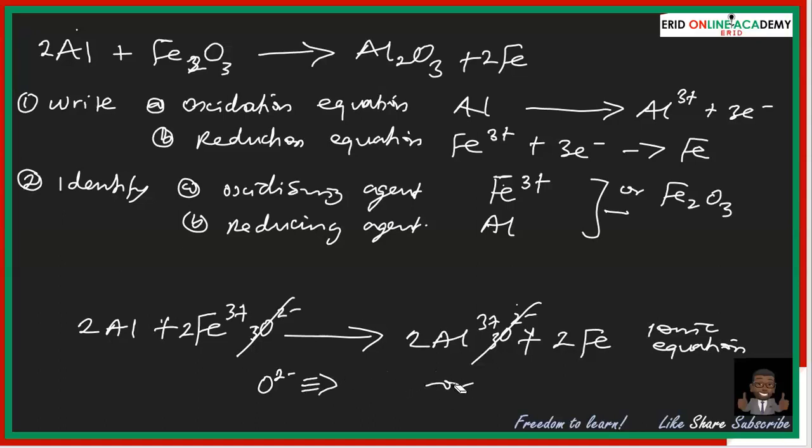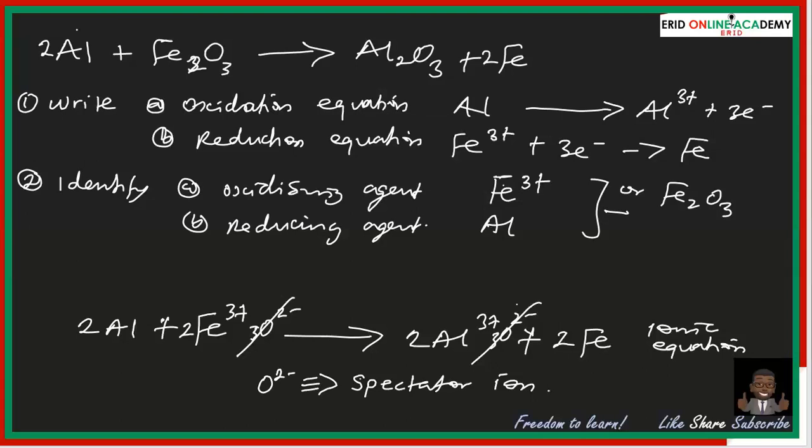The oxidation number remains unchanged. Usually in your overall ionic equation, you remove your spectator ions. Do you get this?